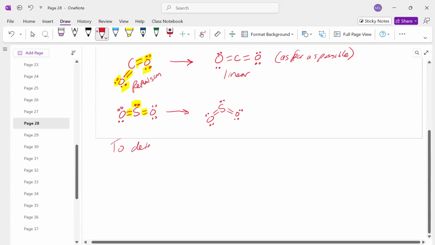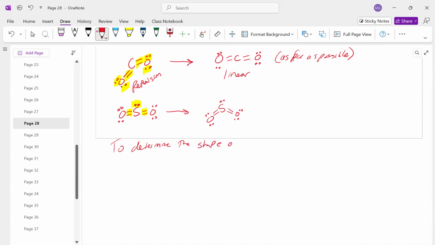So to determine the shape of a molecule, number one, you have to know the number of electron dense areas. I refer to these as regions of electron density. And they're simple to identify.